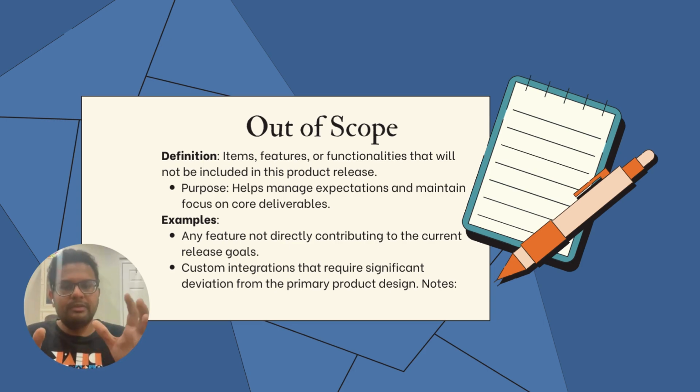In future, some stakeholders will ask to add features to your product, so you can directly review this section and tell them this is an out of scope feature. This also helps manage conflict with your stakeholders.